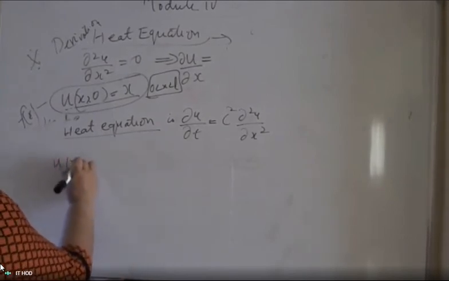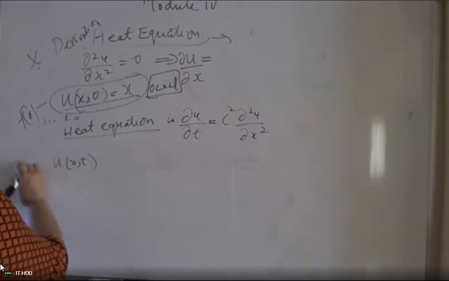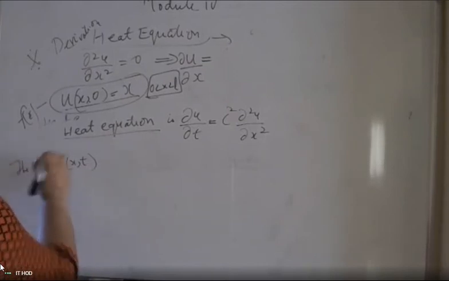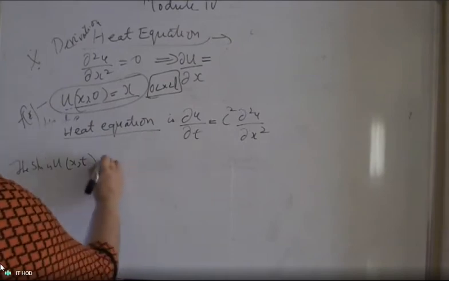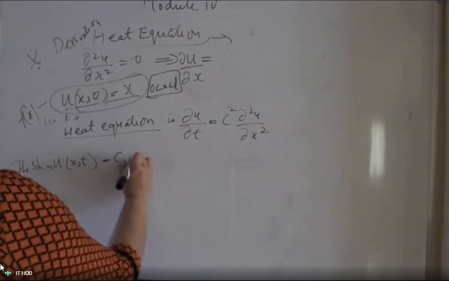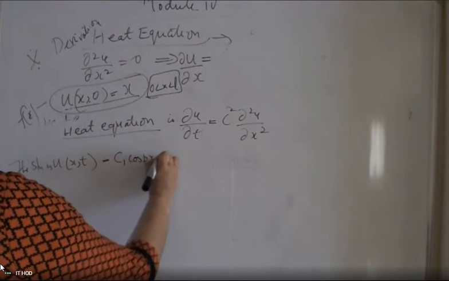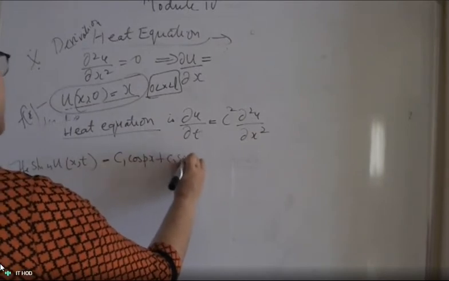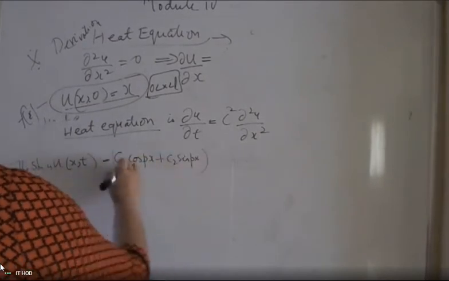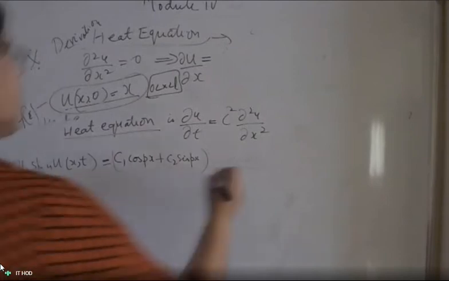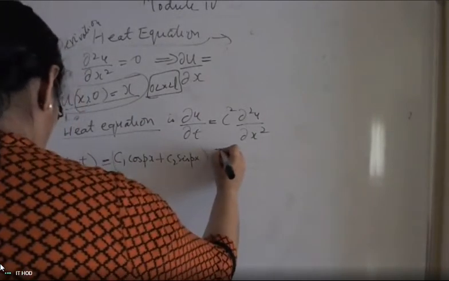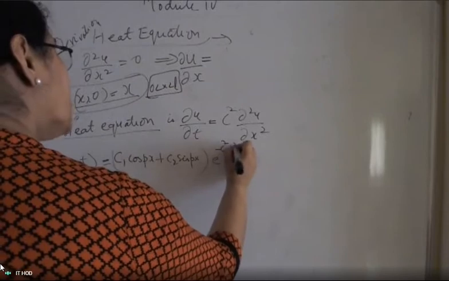U(x, t), the solution for the heat equation, is (C1 cos px plus C2 sin px) into e raised to minus c square p square t.